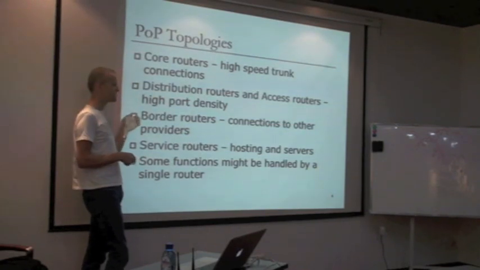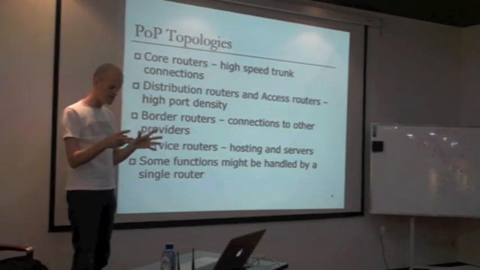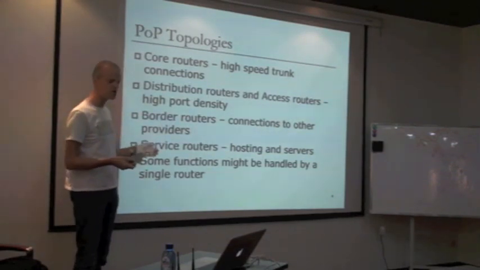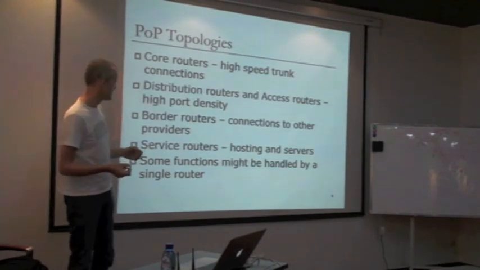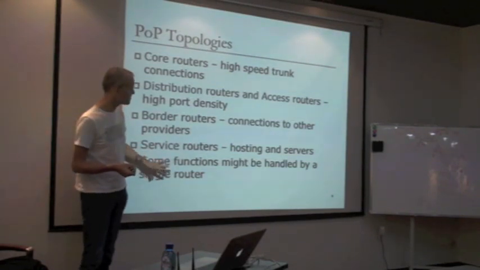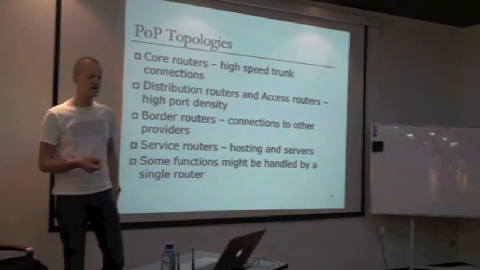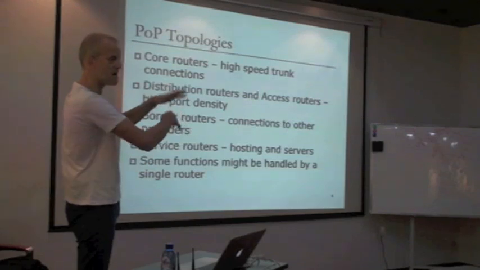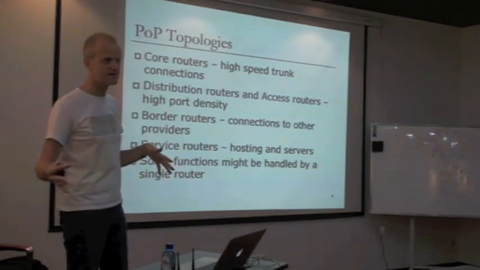It's very important that you have a border router in your network, separate from any of your backbone. Service routers are where you do all the hosting and services. And as I said on Monday, some of these functions can be handled by a single router. You don't have to go to your vendor and buy all these different routers from the start.